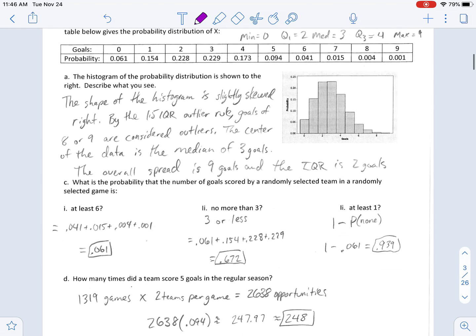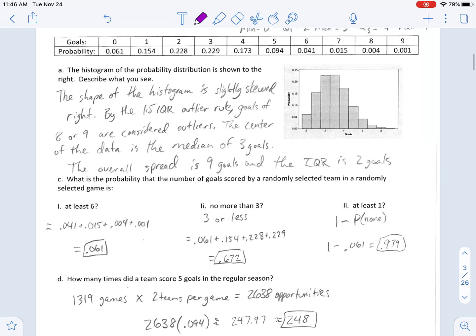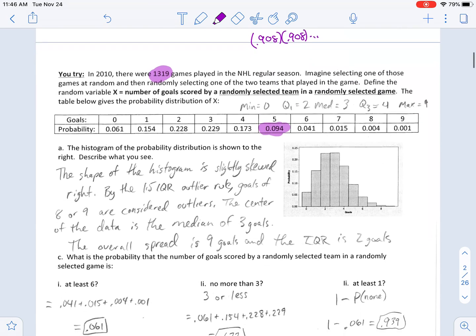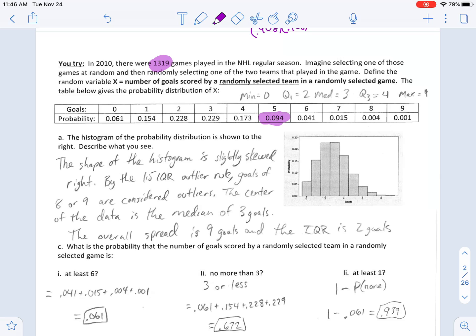This is tricky now. How many times did a team score 5 goals in the regular season? You might think, okay, I'm just going to get 5 goals. That happens 9.4% of the time. There was 1319 games played, so I'm going to take 9.4% of 1319. That's not correct. Here's why. Remember, in each game, there are 2 teams, and each of these is technically the probability of a selected team in a selected game.